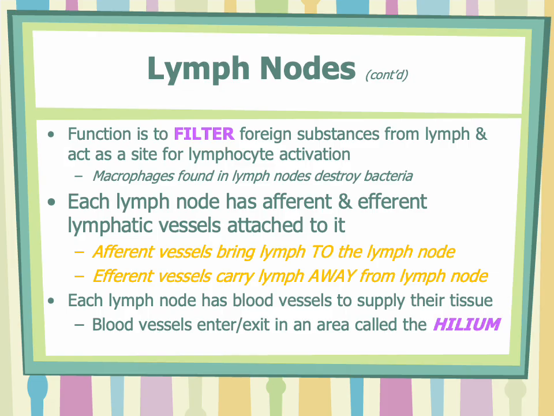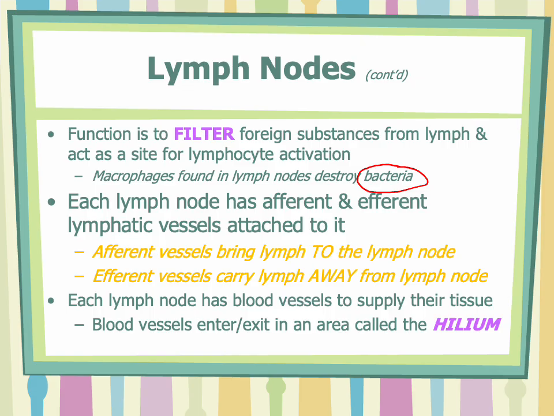So the lymph nodes also filter. They filter foreign substances from the lymph and act as a site for lymphocyte activation. So if something gets presented here, such as bacteria, it can get destroyed, and also some fragments of that bacteria can be presented so that the immune system can react to it if we see it in the future.